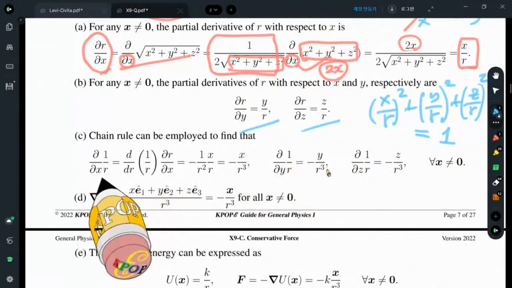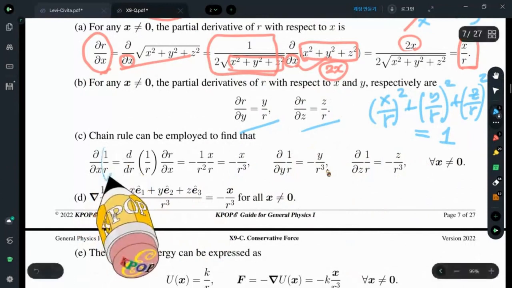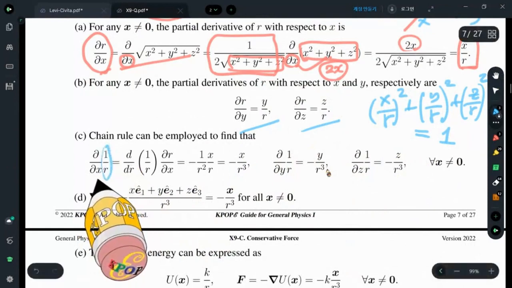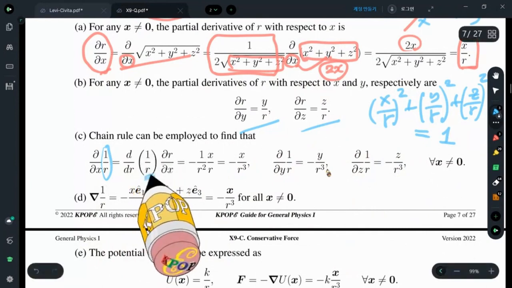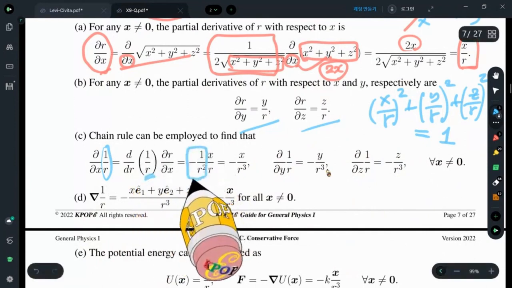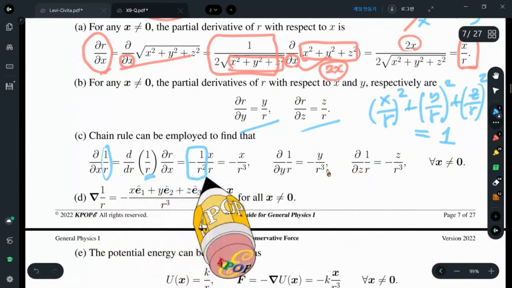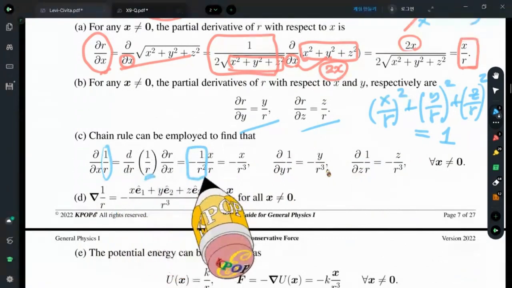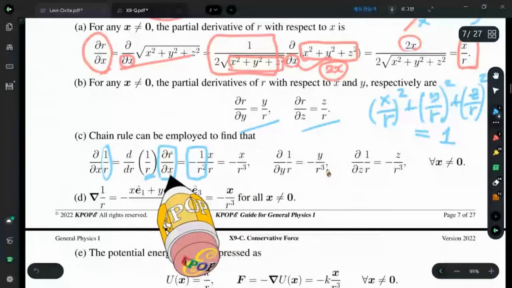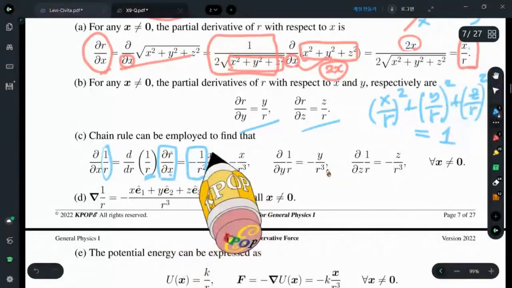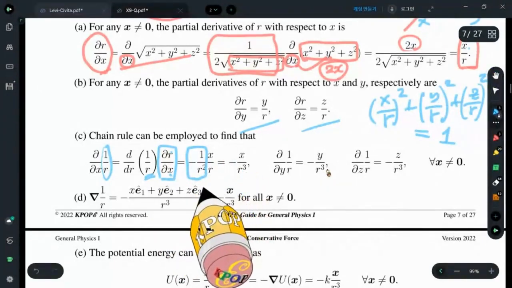And again, I can find the 1 over r's partial derivative with respect to x. This is 1 over r, so I have minus 1 over r squared. And then, applying the chain rule, I need to take the derivative of r with respect to x. That is just x over r.